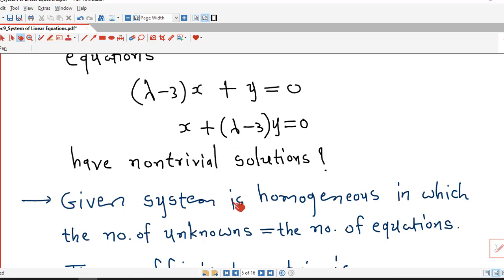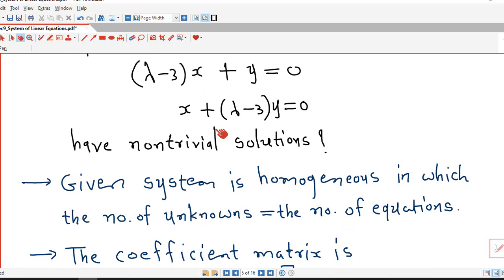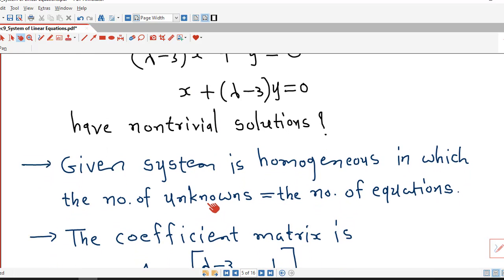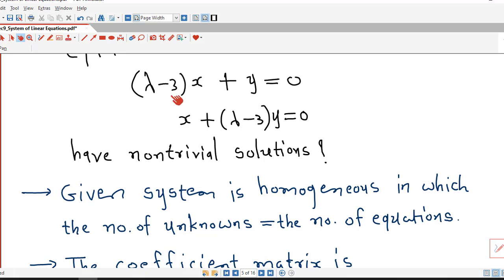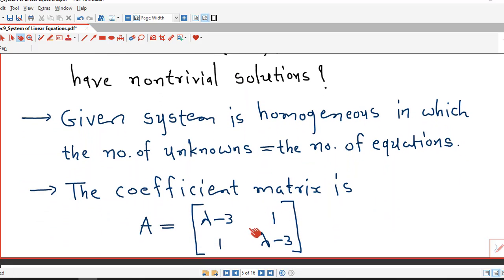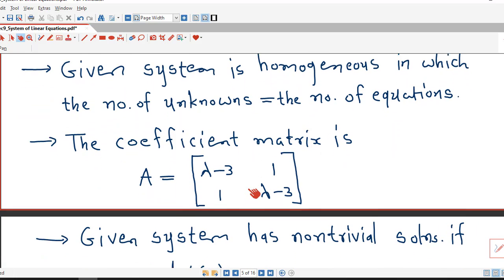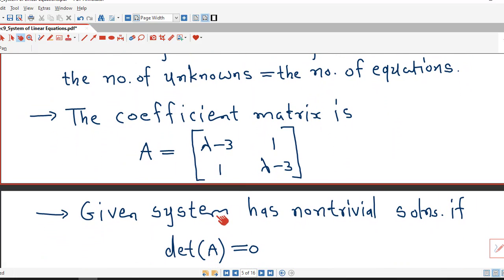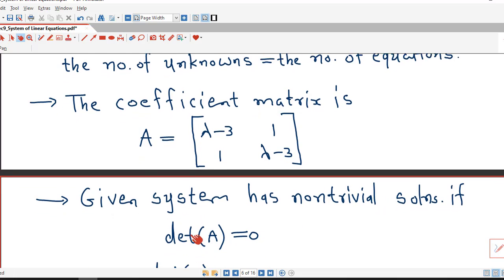Here the given system is homogeneous, in which the number of unknowns equals the number of equations, and the coefficient matrix has first row lambda minus 3, 1 and second row 1, lambda minus 3. As we know, the given system has non-trivial solutions if the determinant of this coefficient matrix is 0.